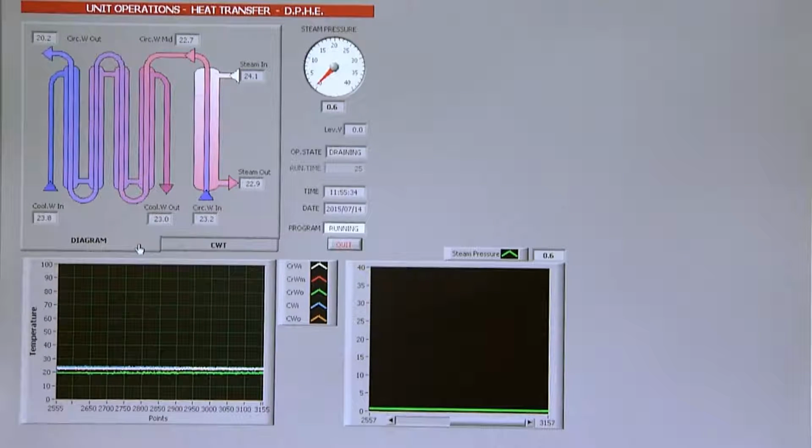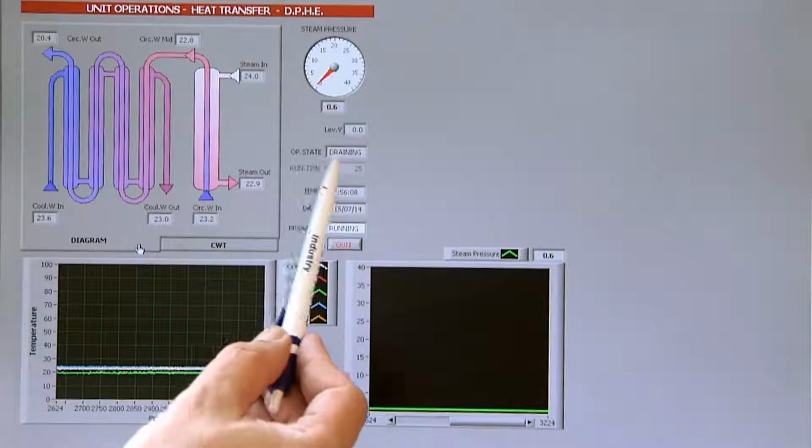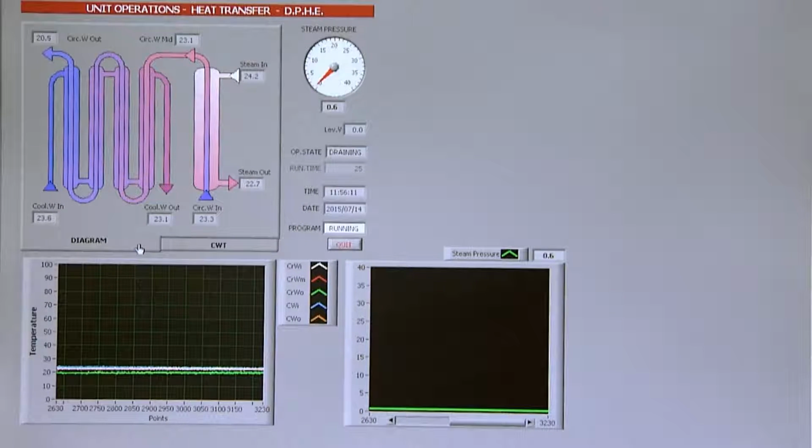The other information that is recorded in this panel is the time that it takes to fill the condensate collector. When you push the start button, the solenoid valve at the bottom of the collector is closed, and therefore the steam that has condensed and escapes as condensate through the steam trap starts to accumulate in that collector, and the computer is going to measure the time that it takes to accumulate a fixed volume.